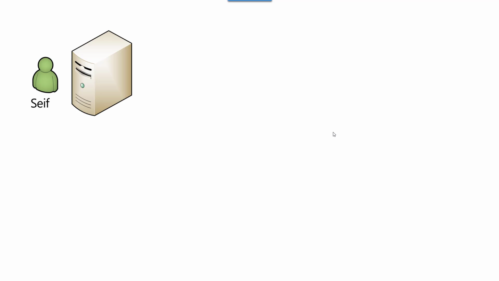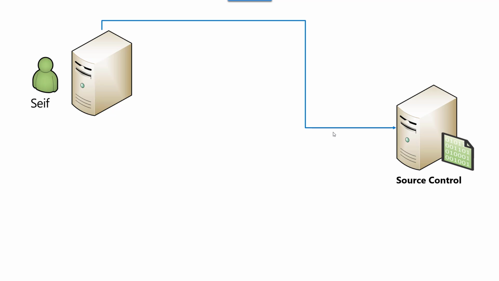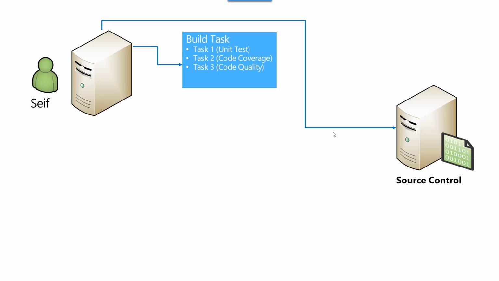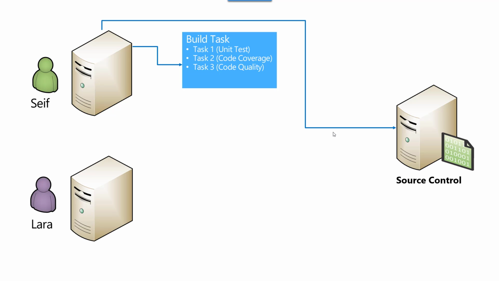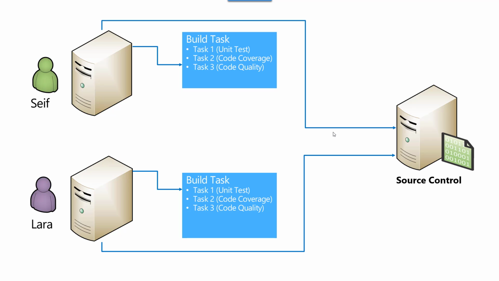If Safe is a developer writing code and he commits his code, he should run the tasks as I explained. The same for Laura. When she completes the code and wants to commit, she should also run that. But for me, I don't know if they run that or not. No one knows if they run or not.